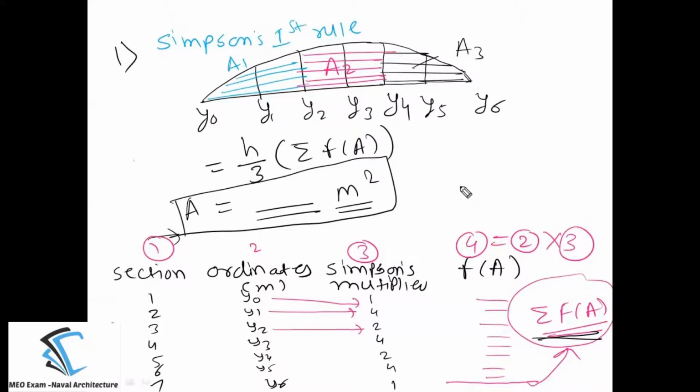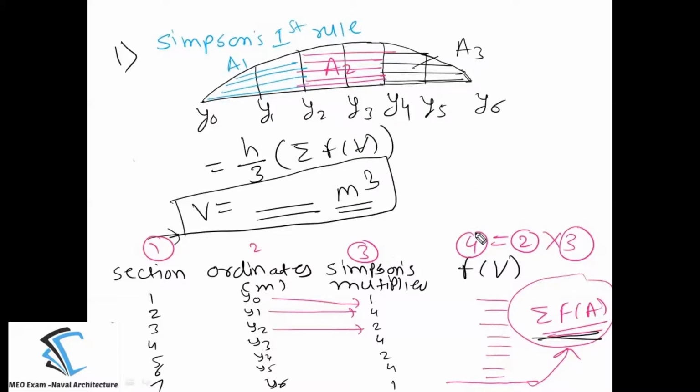Okay. Suppose you have y0, y1, y2, y3, y4, y6, and these are all areas. Then this quantity will become a volume. This will also be volume, and this will also be volume. The unit will be meter cube.